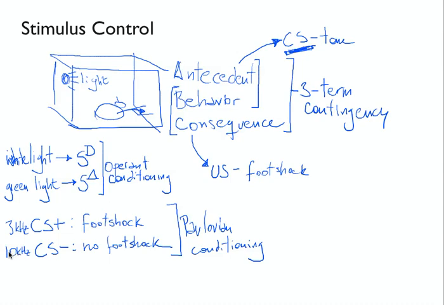Whereas when we turn on the 10 kilohertz tone, there is no food shock, and what we should see is that the animal does not freeze. And so behavior is turned on and off by presenting one CS or the other. So that's what we refer to as stimulus control.